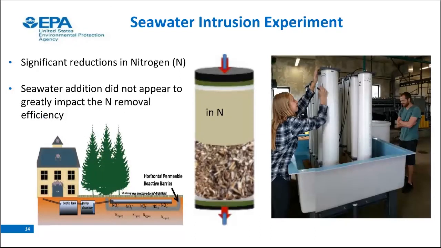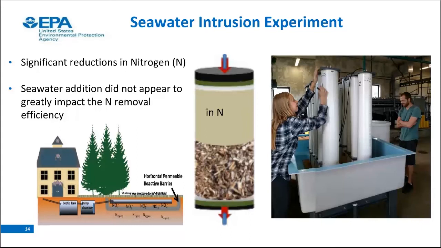So the seawater intrusion experiment: some of the novel septic systems being developed now are using wood chips underneath leaching fields as a way to promote denitrification. And those systems have various names. On Cape Cod, they're called the layer cake.